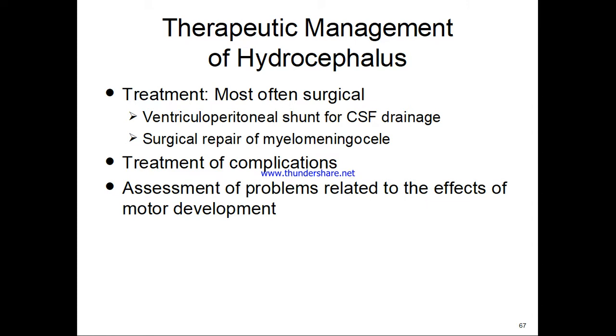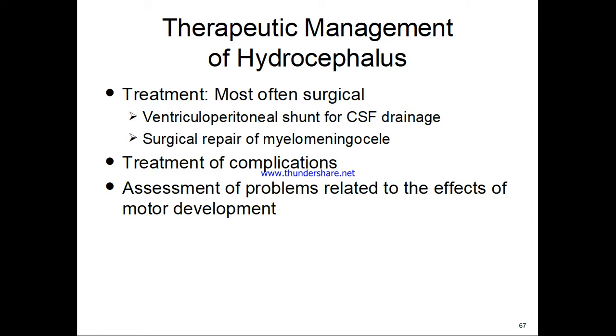Treatment is most often surgical. If there's a myelomeningocele present, surgically repairing that, and then also the placement of a shunt, a ventriculoperitoneal shunt for CSF drainage.